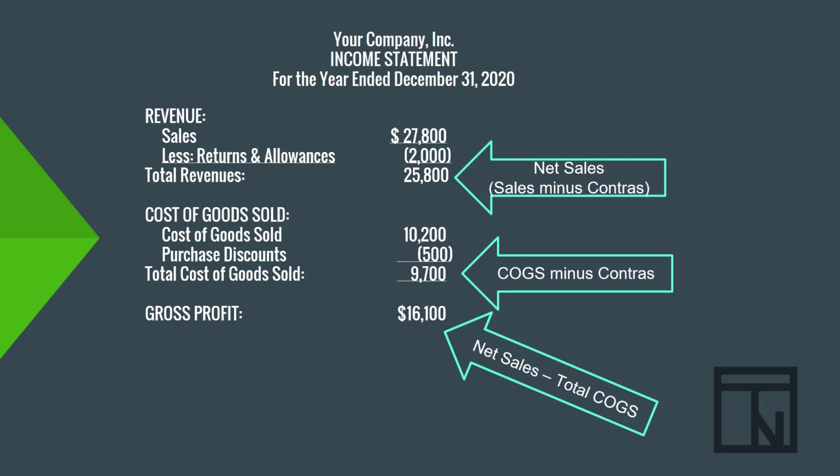In this case, we sold product at $25,800 that cost us $9,700. So our margin on these is $16,100. That's the amount of money that we have to run our business on. The higher this number, the more efficient we are at buying low-cost items and selling them for higher.